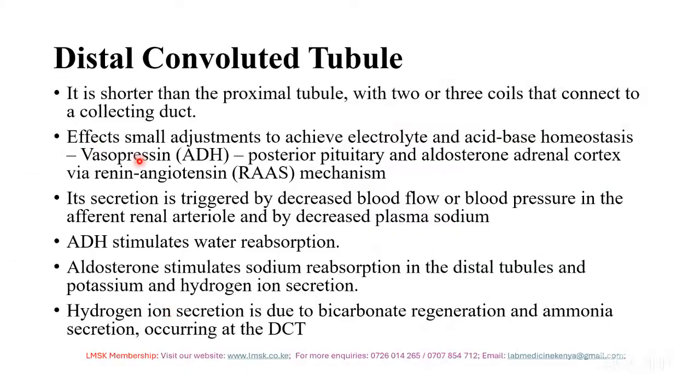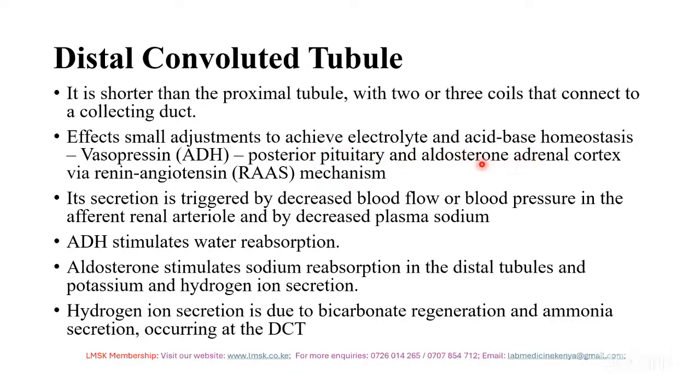At the farthest end, there is the distal convoluted tubule, which, of course, is shorter than the proximal tubule, with 2 or 3 coils that connect to a collecting duct and make small adjustments to achieve electrolyte and acid-base homeostasis via hormones. Here, ADH, the antidiuretic hormone, also called vasopressin, is secreted from the posterior pituitary gland.